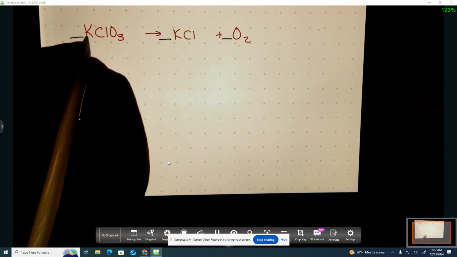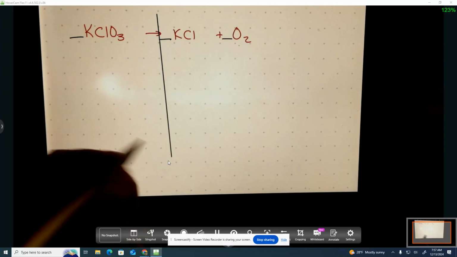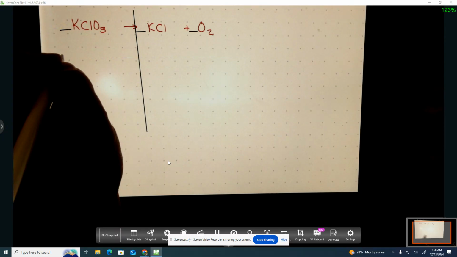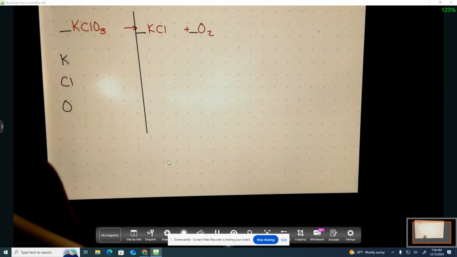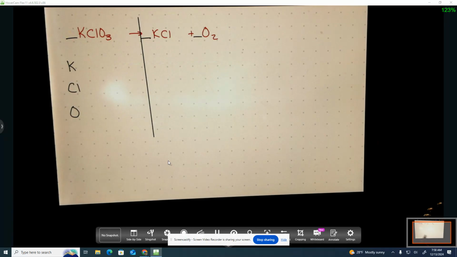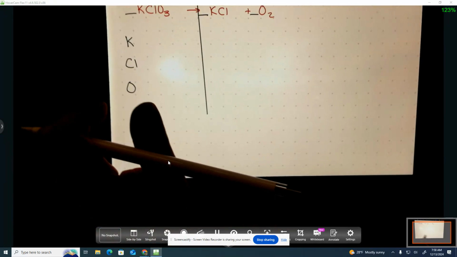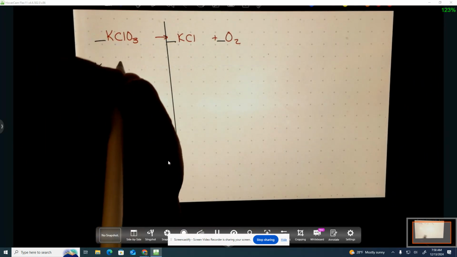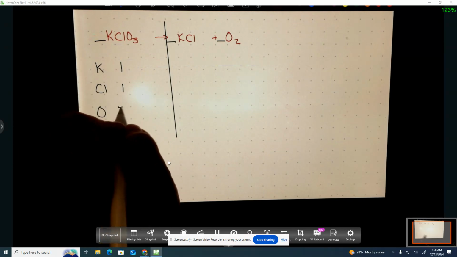It's Friday. All right, let's make a line. Then what? I don't think that's very straight, but okay. It won't hurt anything. K, Cl, and O. I've got 3 different elements here. Okay. 1 potassium, 1 chlorine, and 3 oxygens.